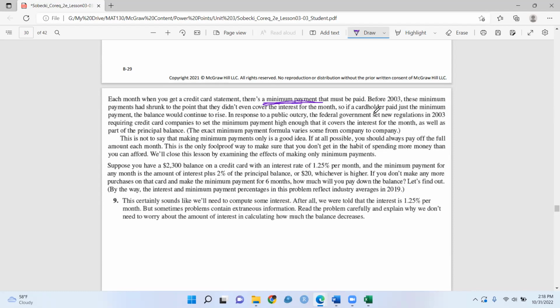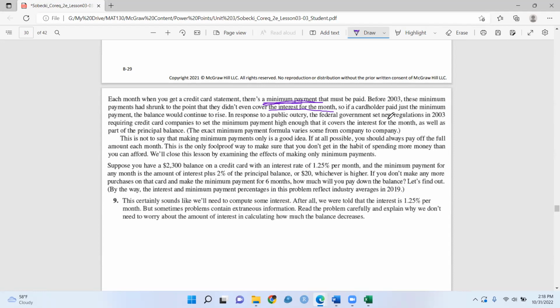But then in 2003, I believe, Congress passed a law. What happened is these minimum payments were getting smaller and smaller, so they didn't even cover the interest being charged. So the amount you owe was just growing over time if all you did was make the minimum payment.